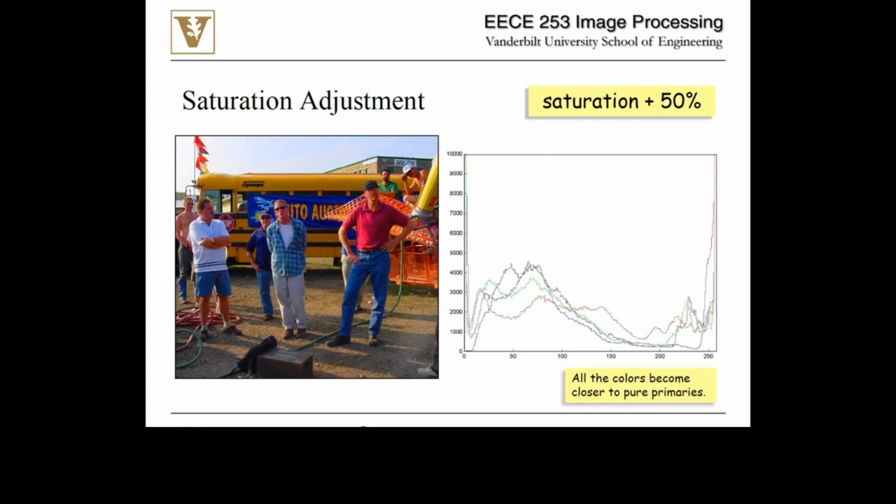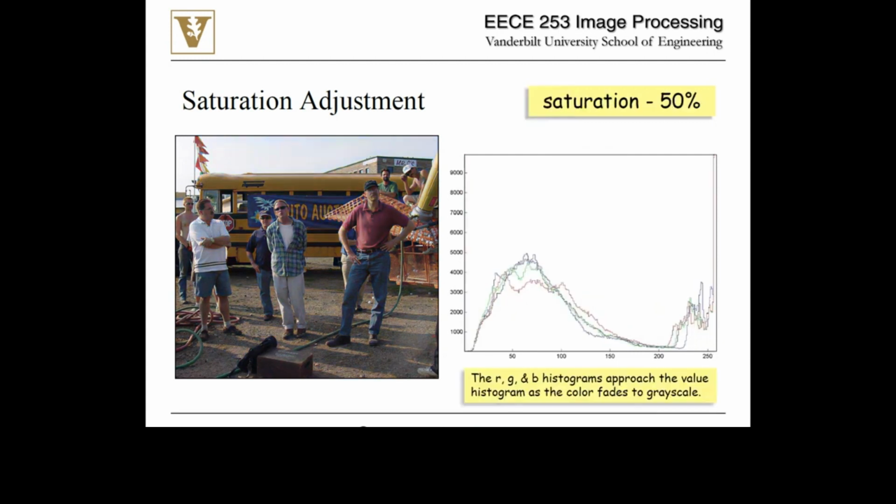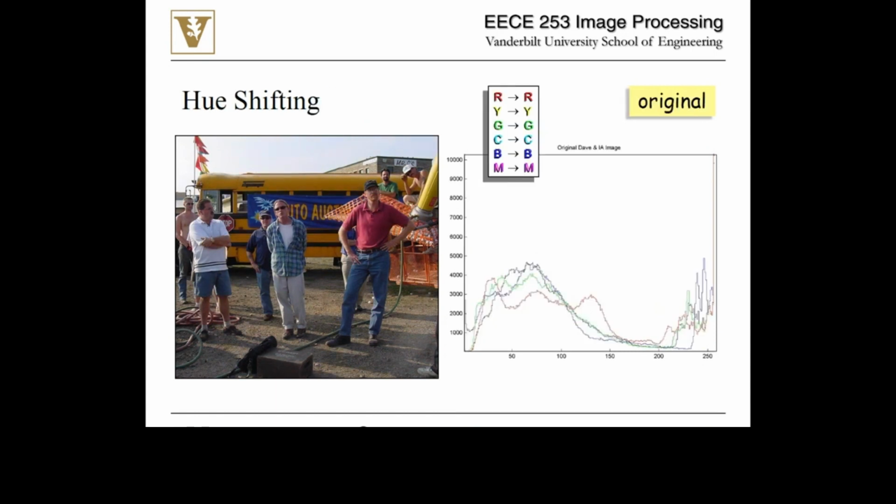Okay, so I can increase the saturation by 1.5. So I multiply the saturation by 1.5. I can decrease the saturation. I make it less colorful, more gray. And I can do funny operations on the hue.